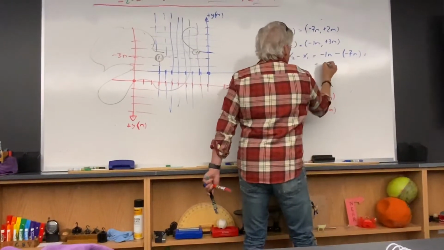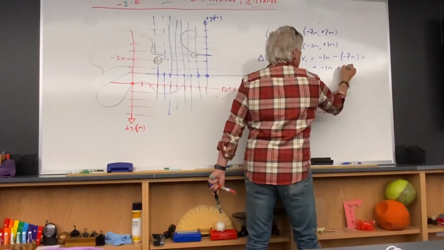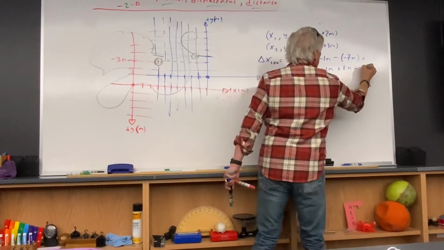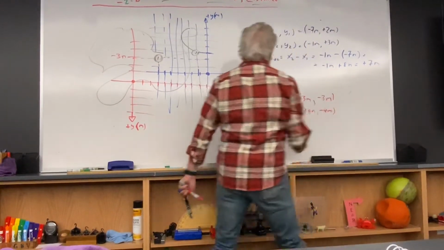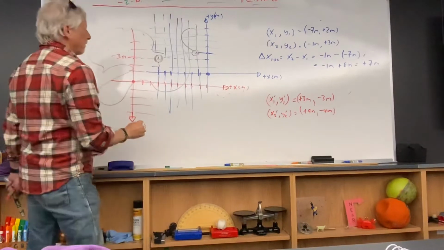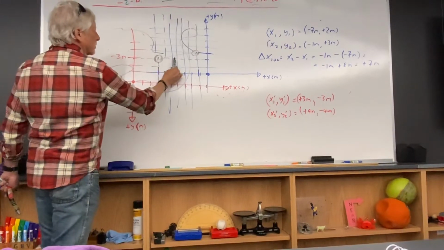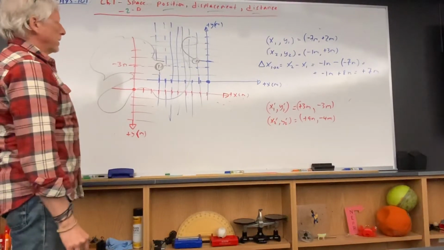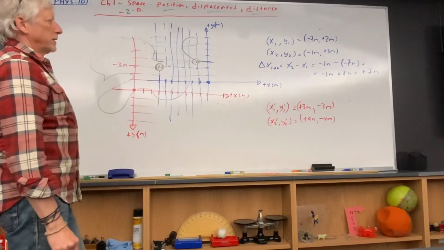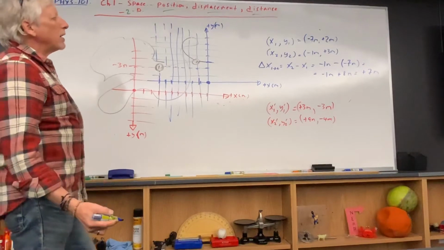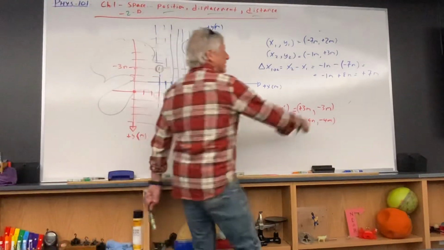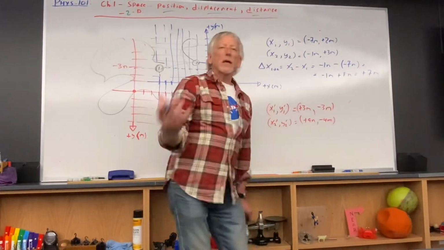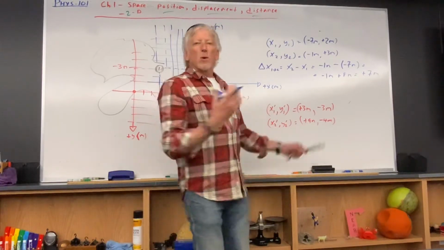So that's -1 meters plus 8 meters equals plus 7 meters. 1, 2, 3, 4, 5, 6. What did I do? Did I do something wrong? Oh. See? And so when you make a mistake, you can always figure it out.